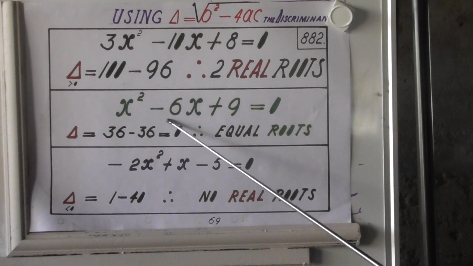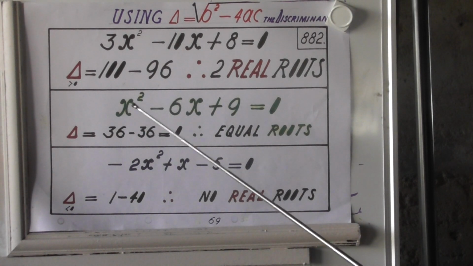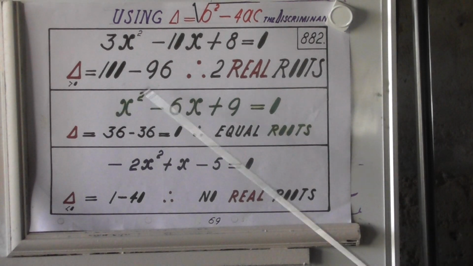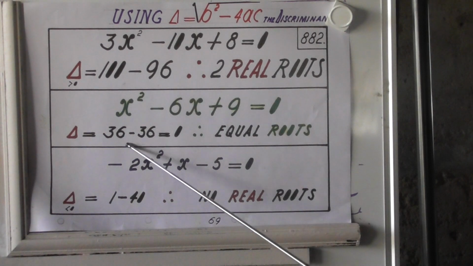B squared is 36. Negative, positive, positive, so that is negative.